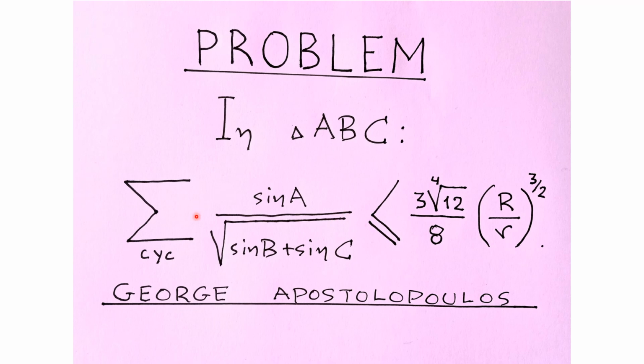This cyclic summation is less than or equal to this value, where R capital refers to the circumcircle of the triangle ABC, and r small is the incircle of the triangle ABC.